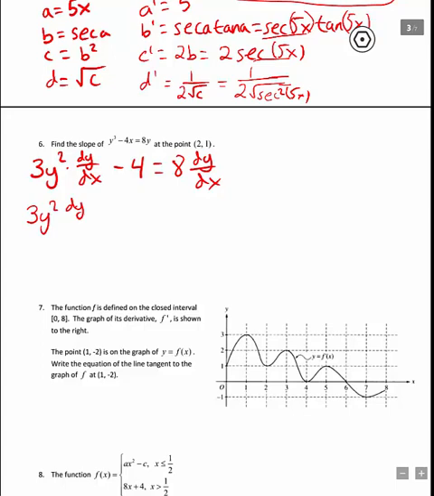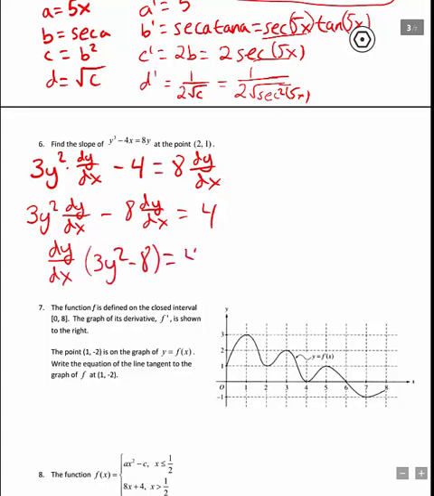So 3y squared dy/dx minus 8 dy/dx equals 4. Factor out a dy/dx. And then we're going to divide, so we get dy/dx equals 4 divided by 3y squared minus 8.